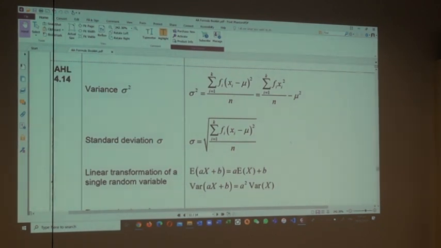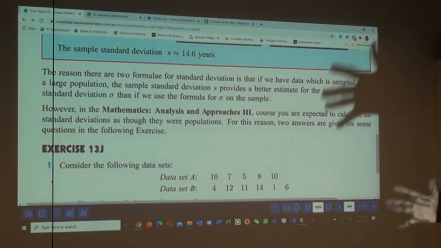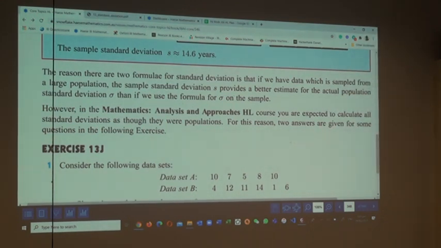So ignore that part. The reason the author put that is that if you check the back of your book, just practicing and checking if you are right, you might see 2 answers. Don't panic. One is for the population, one is for the sample. Population is like all the students; sample is considering this class. If we are talking about the mean age of students in the school, we consider the kindy up to you guys, the most senior in the school.